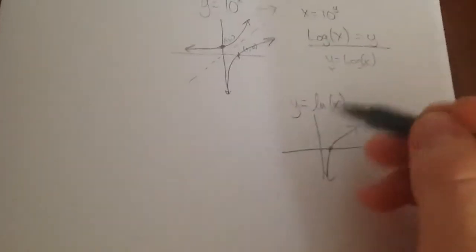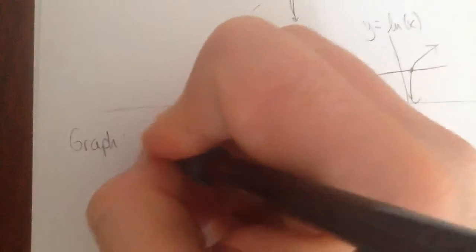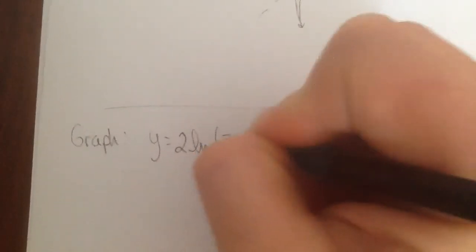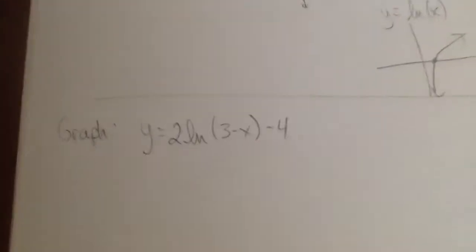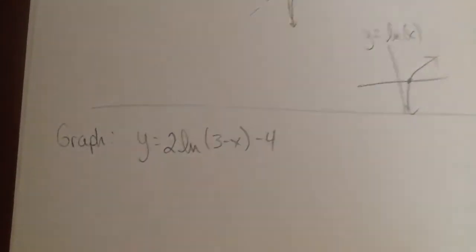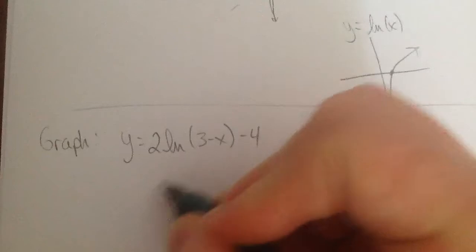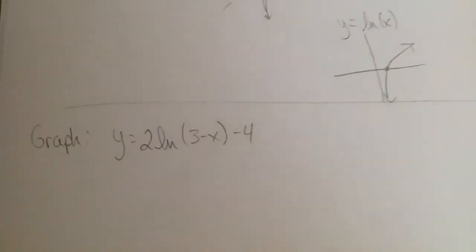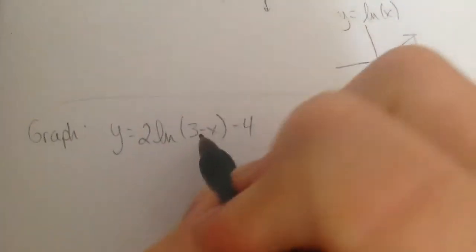And of course, all of our shifting stuff works on these too. You have to do a couple of these where you graph something like y equals 2 times the ln of 3 minus x, minus 4. The 2 in front is just going to make it increase faster.